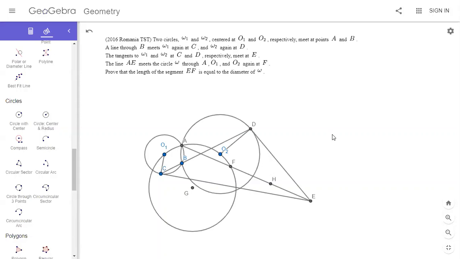Okay, so can we show that CADE is cyclic? Must be an angle chase, but is it that easy of an angle chase? Let's see. Yes, it is an angle chase.